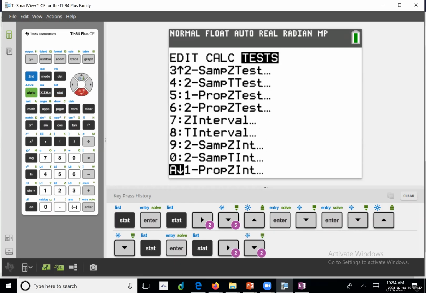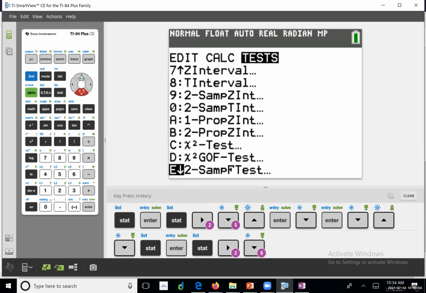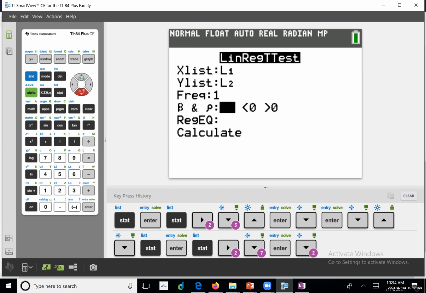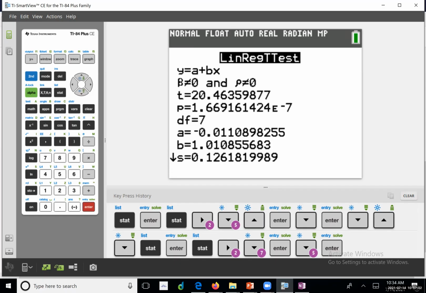For those of you who wanted to repeat the process, put things in L1, L2, go to stat, go to linear regression t-test. Is there a correlation or not? The p-value is very small, so there is a correlation. So I may use the equation of the line.